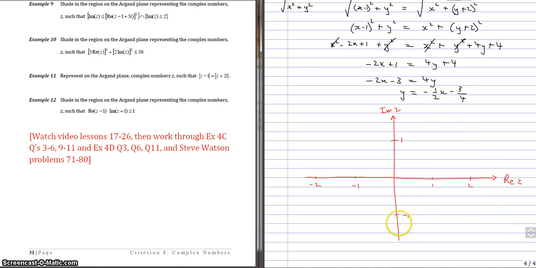Y-intercept of negative 3/4, so that's here, pass through that point, and a gradient of negative 1/2. Or we could just find out what the other x-intercept would be.